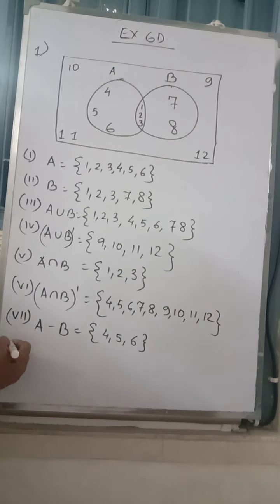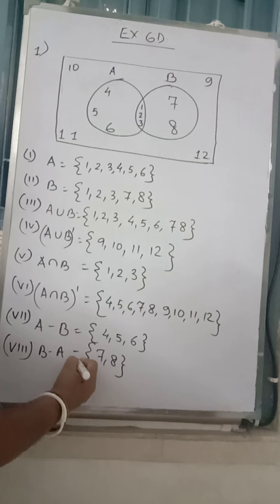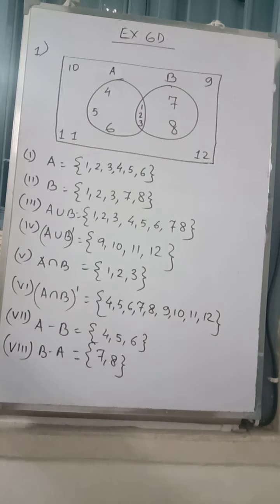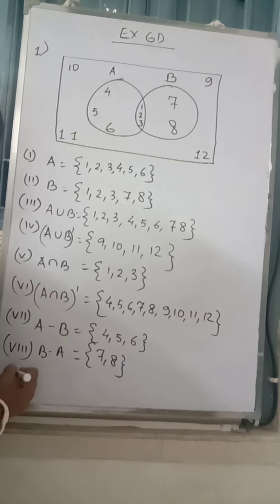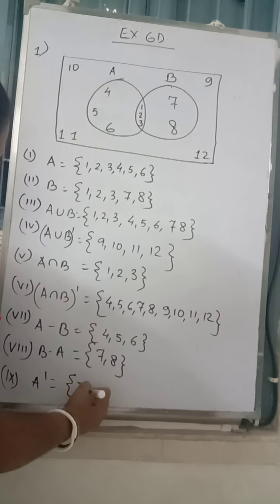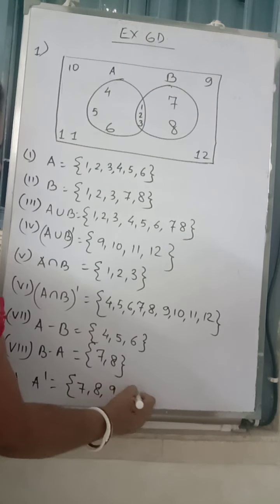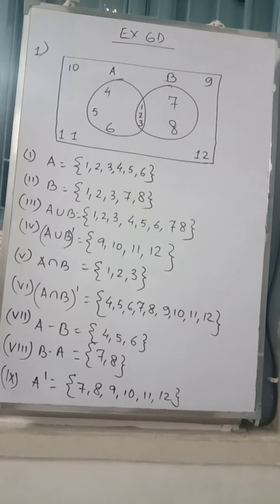Next you have B minus A. So leaving the members of set A, we are left with 7 and 8, that is B minus A. Then you have A dash, leaving the members of set A, that is 7, 8, 9, 10, 11 and 12. This is A dash. Then further you have B dash, A dash union B and B dash intersection A.